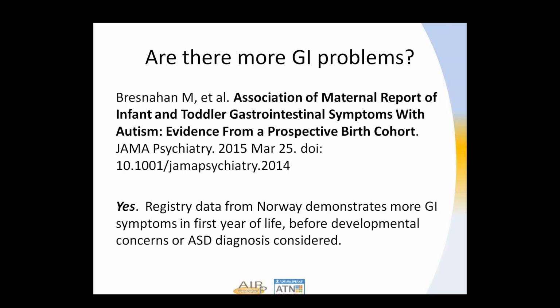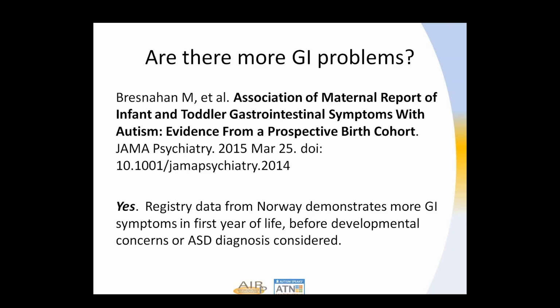And the mothers completed questionnaires regarding their child's health for several years during this study. As time went on and the children grew up, some of those children were identified with autism. And for this study, they went and looked back at the first year symptoms of these children, comparing them to those children who did not develop a diagnosis of autism. Now, this was not a pre-selected population. These were all the children who were born in Norway.